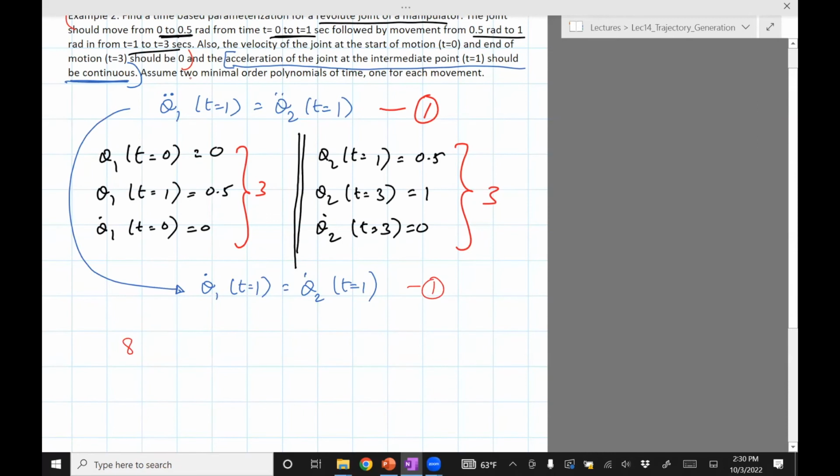So 8 conditions. I need 8 equations. So we have third order polynomial. So you have to set up the problem very similar to the previous case, except that you replace the velocity condition of 0.2 with these two conditions of acceleration is continuous and velocity is continuous.